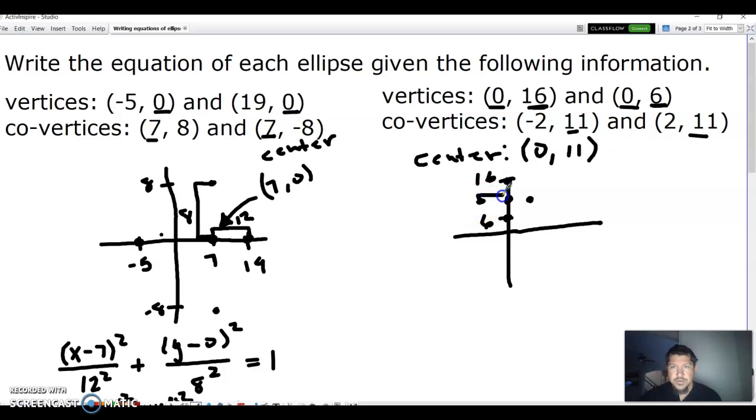From here to here is 2, from here to here is 5.